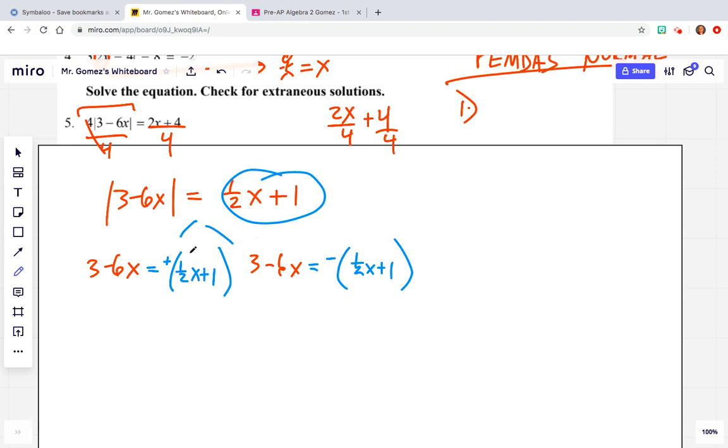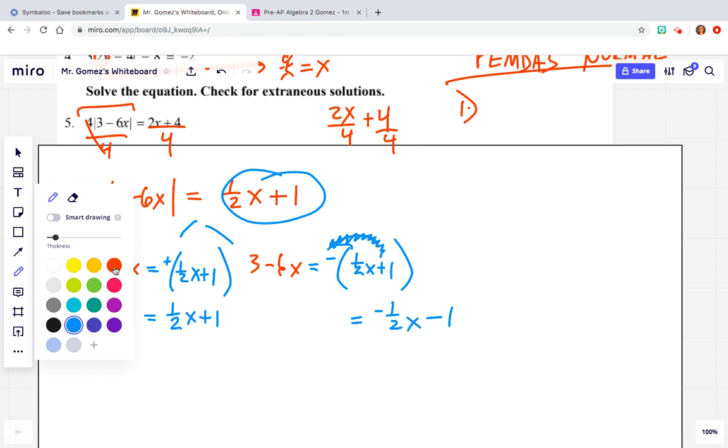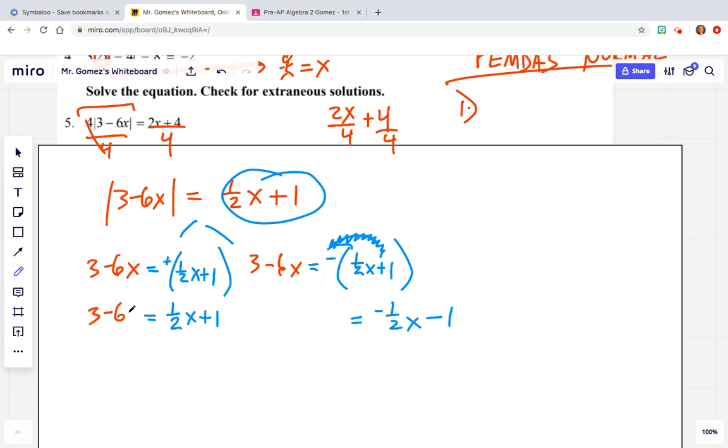Again, the positive and negative version. So the positive doesn't really do anything because you're not distributing a different sign. It just stays the same. But this negative is what it's all about. This is why we do this step. Because especially this one right here, most people forget that it's going to distribute all the way also and get a negative 1. So now what we have left over are 3 minus 6x and 3 minus 6x.